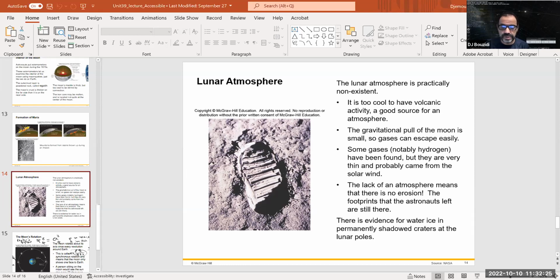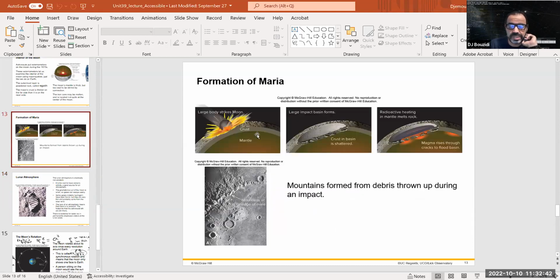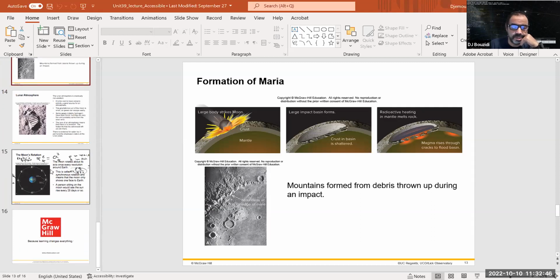So there is dust. If you kick it, it's going to basically move around. But that's some of the stuff that is typical of the moon surface. Okay, so this is the dust that actually forms when these collisions, when these impacts happen.